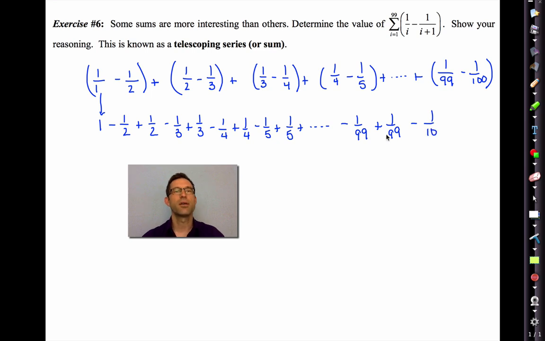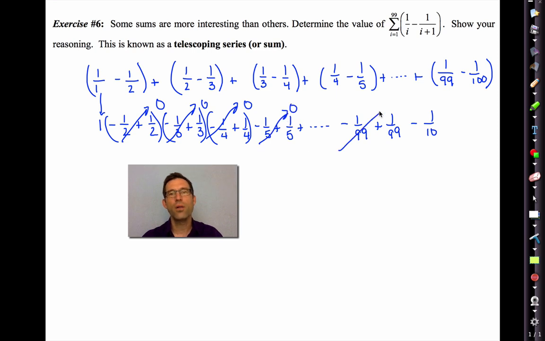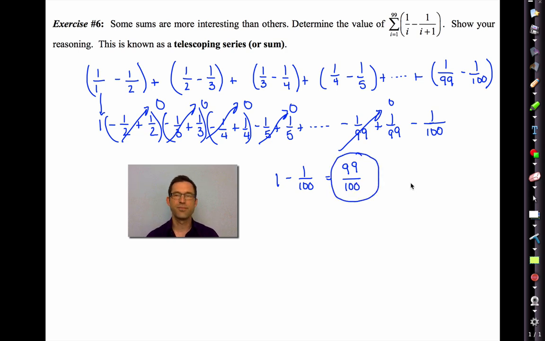This is how it would end. But notice we can now pair these guys off, and all of them are going to 0. That's why it's called telescoping. All of these go away, and eventually we just have 1 minus 1/100th. So all of this adds up to 99 100ths. Isn't that cool? It's called telescoping because all those middle terms just cancel each other out. It's kind of a neat sum.